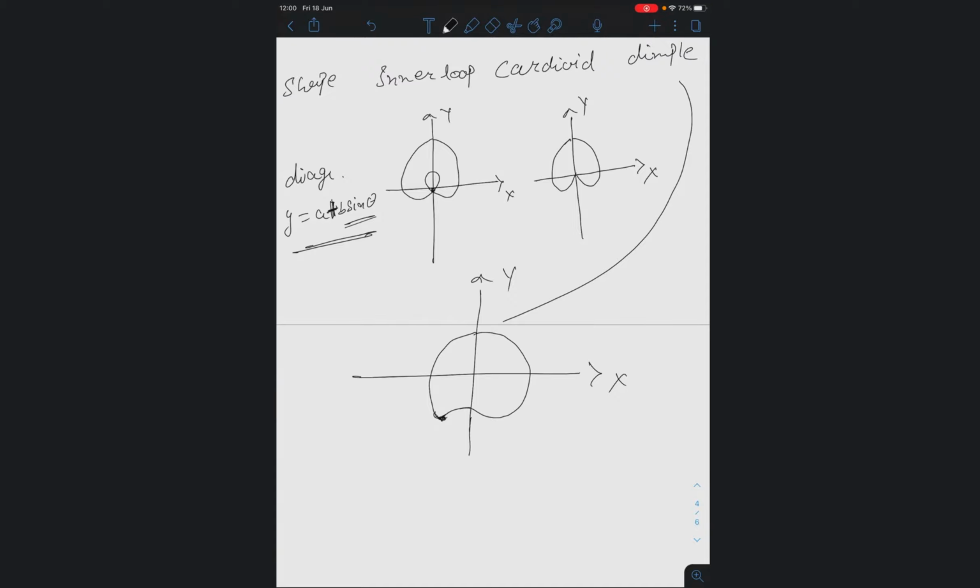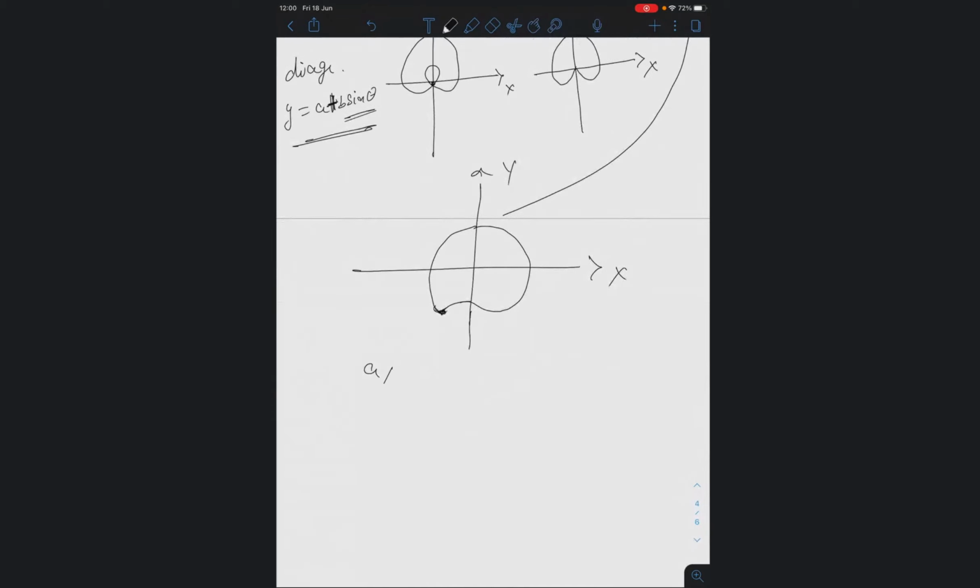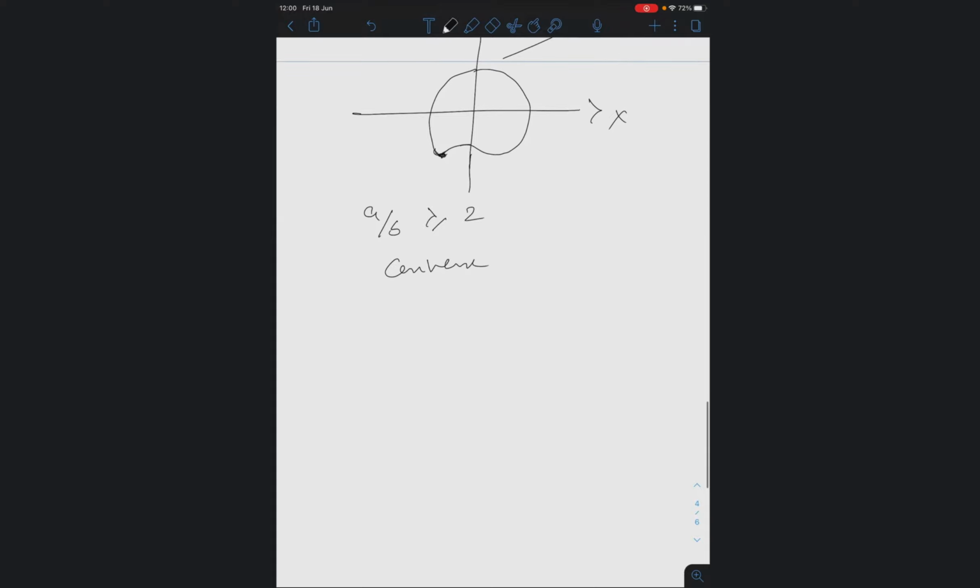Then the last one I left out, when the ratio a by b is greater than or equal to 2, then the shape will be convex, and it is just something like this, x-axis, y-axis. Understood, all of you?